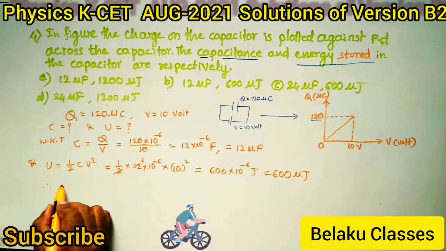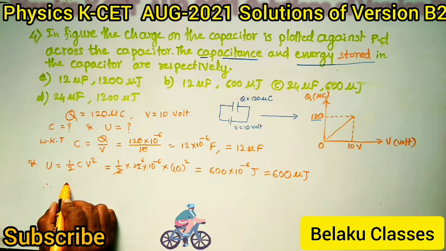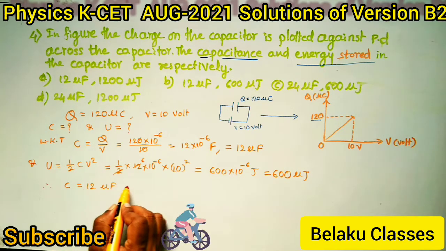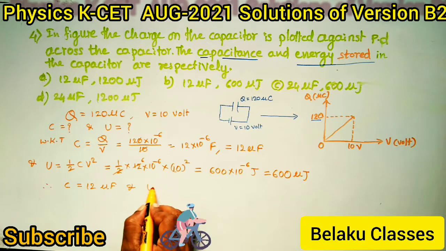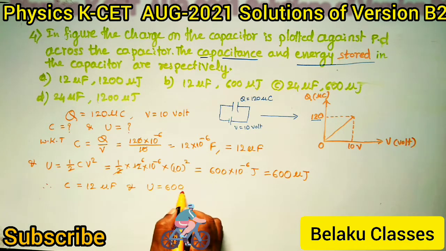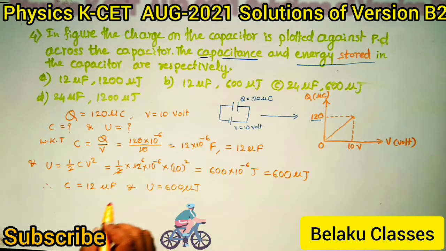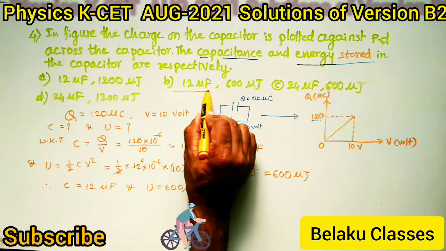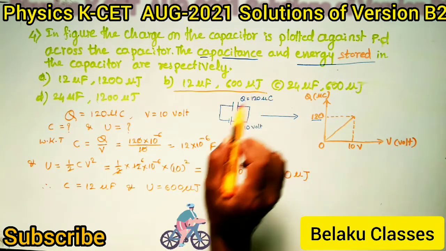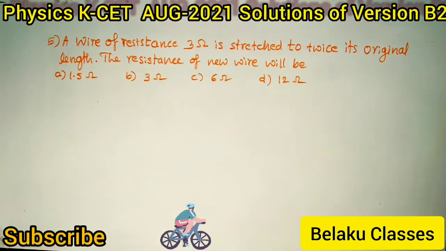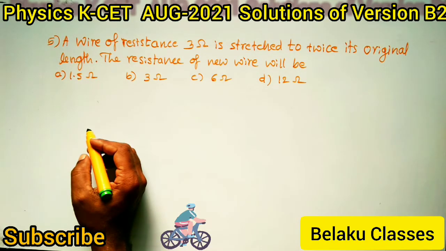Therefore, the capacitance of the capacitor is equal to 12 microfarad, and energy stored in the capacitor is equal to 600 microjoule. Therefore, the option is B. It is 12 microfarad and 600 microjoules of energy stored in the capacitor. Now, shall go to the next question.